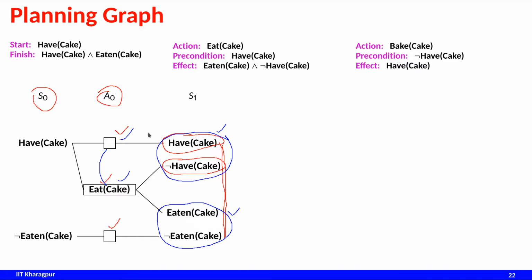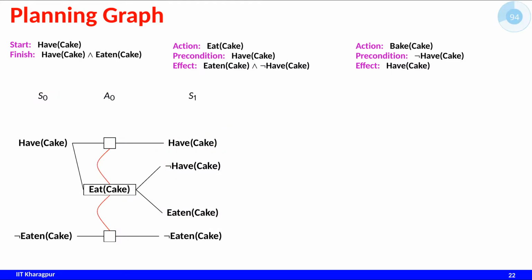So we need to say that either these persistence actions will happen, or this actual action can take place. Similarly for this eaten cake action and the eat cake, these two cannot happen simultaneously because they result in two conflicting literals.